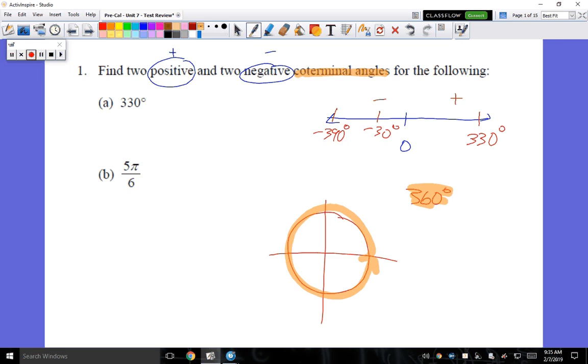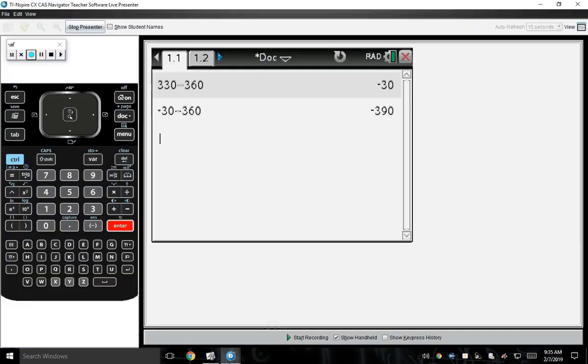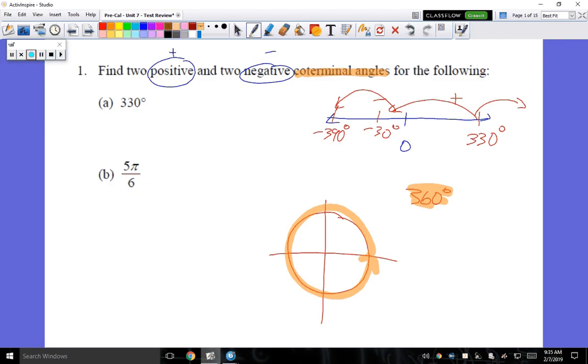And again, let's say instead of subtracting increments of 360, we're now going to add increments of 360. So we'll go back to the calculator, and we'll say 330 plus 360, and then we'll say 690 plus 360 again. So we get 690 and 1050.